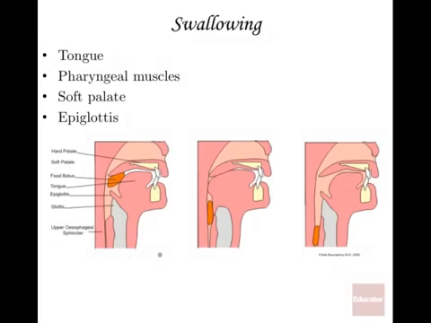When it comes to swallowing, there are 4 main contributors to the action of getting food that you've been chewing up and salivating on back into your pharynx and esophagus. So the tongue, major contributor. If you look at what happens in this sequence, in this sort of sagittal depiction, you can see that this is the tongue here.